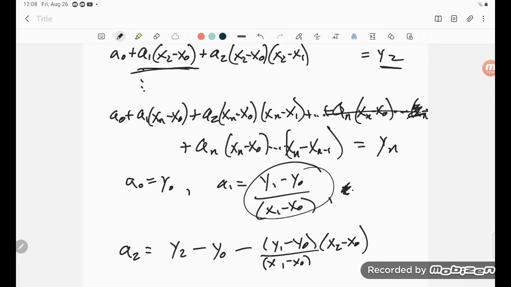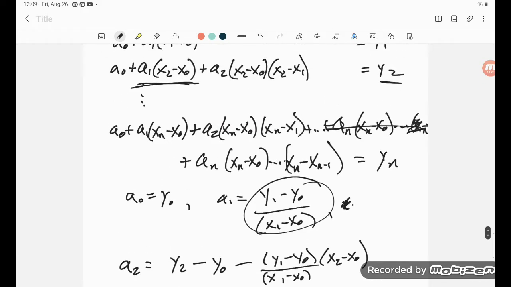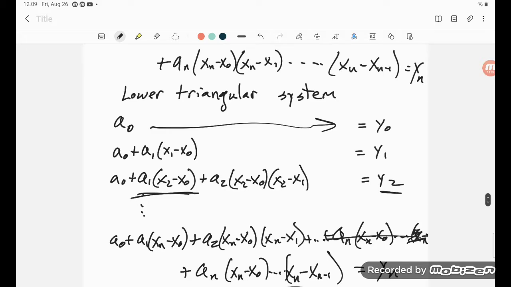Now it's looking very complicated, but we don't have any numbers in there, and we would just continue this down and eventually be able to get AN equals something. Okay, so that's what's nice about this lower triangular system, is it is more efficient than our original Vandermonde system, or the standard form that we looked at first.